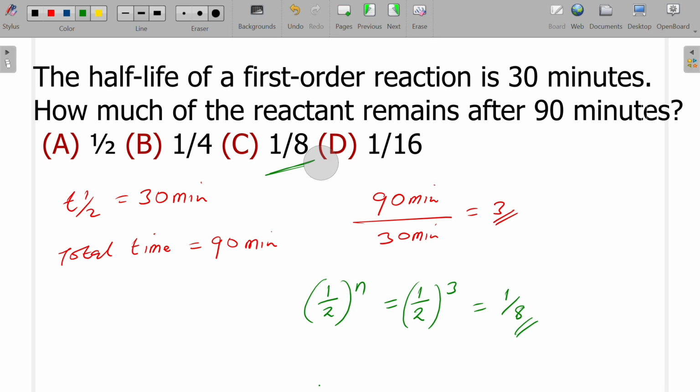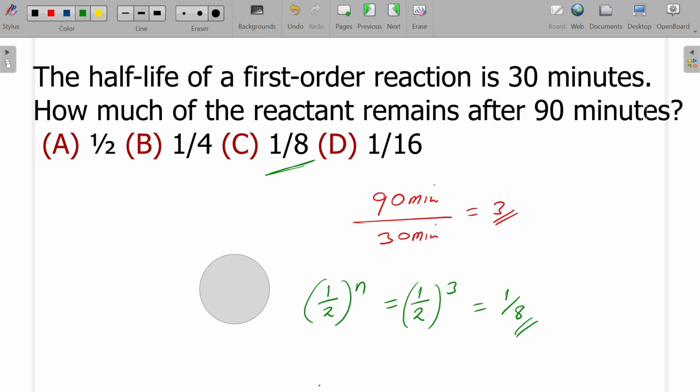The other method you can use to find the amount that remains after 90 minutes is using this method. So you say what you have, you're starting with 1. So initially, the amount you have is 1 in this case, and then you have 3 half-lives.